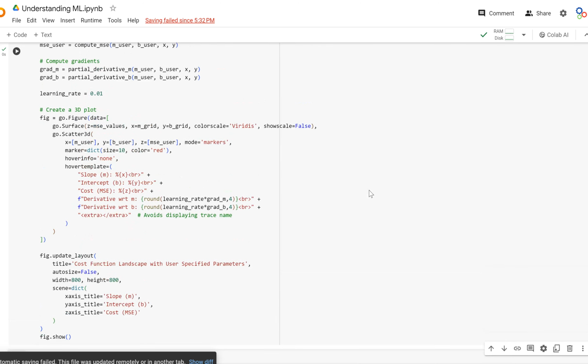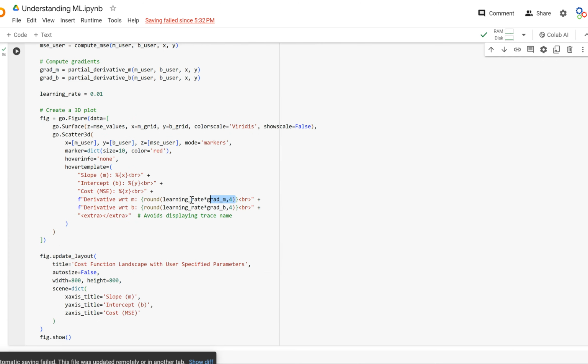Now, I will say that I am showing these derivatives after I've already applied the learning rate. So the derivative is actually bigger than -6.16 for m. What I'm doing is multiplying it by 0.01.